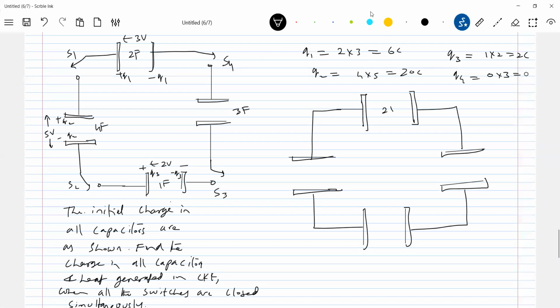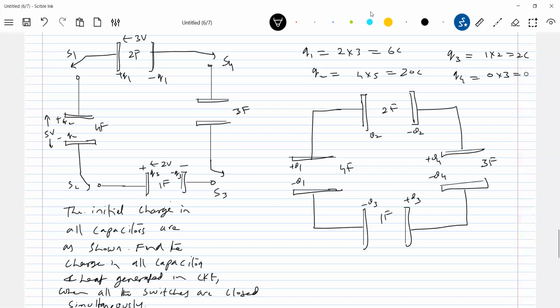this will be the 2 farad. How to distribute the charges here? So just I'll assume like this, plus Q1 minus Q1, plus Q2 minus Q2, here plus Q3 minus Q3, plus Q4 minus Q4.